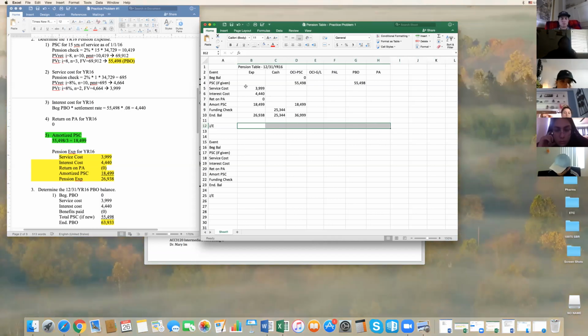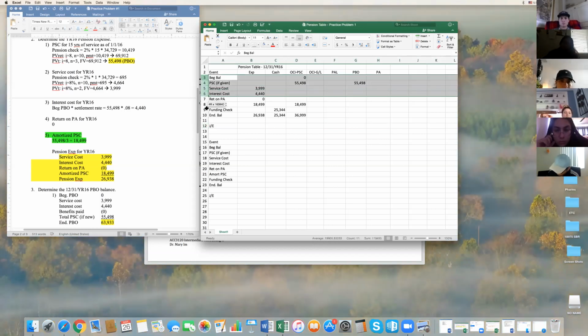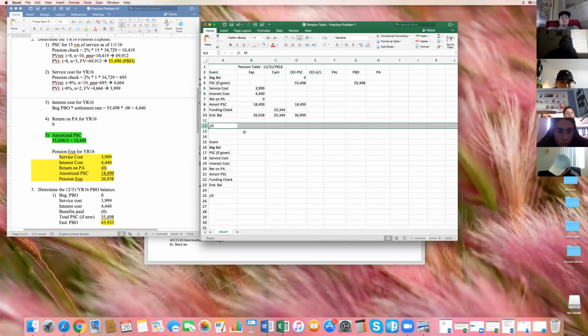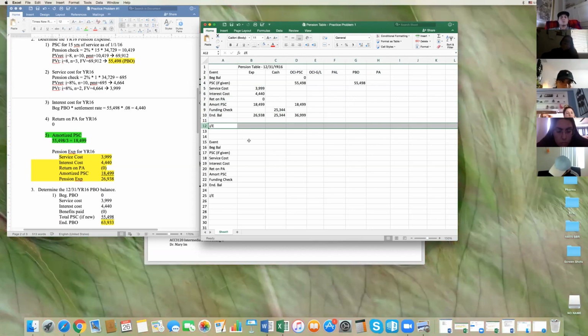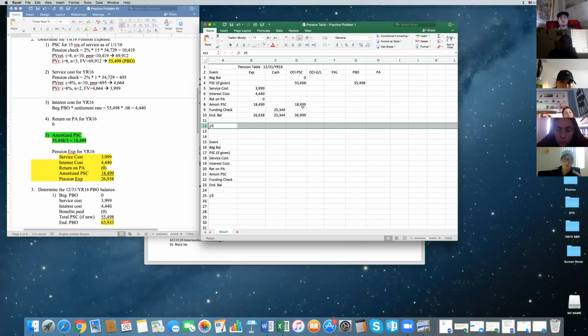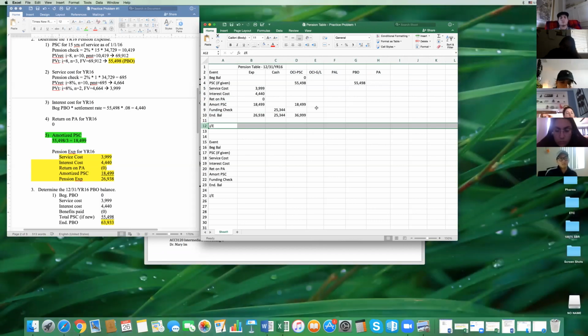However, it's useful to understand how each one of these journal entries eventually affects the actual formal journal entry. So I believe in our chapter 17 folder, I have a sheet that says pension journal entries.